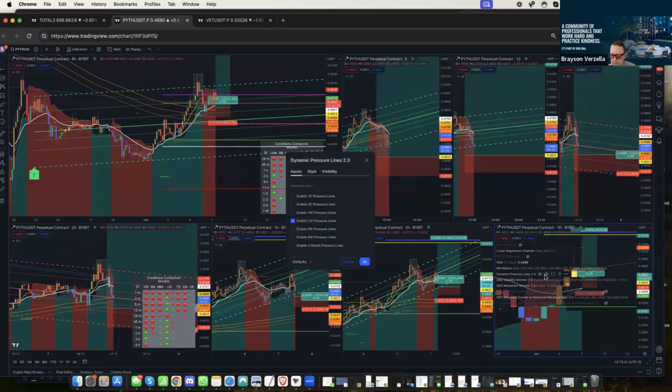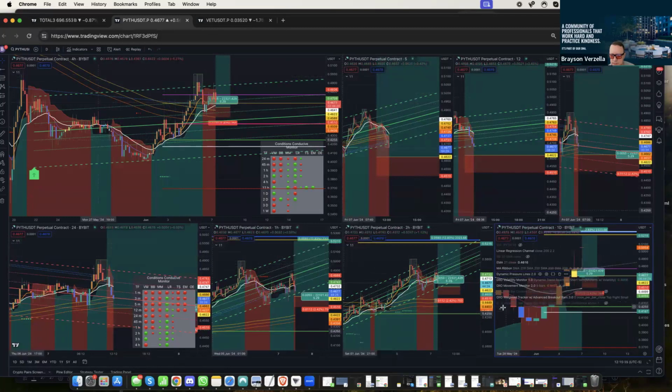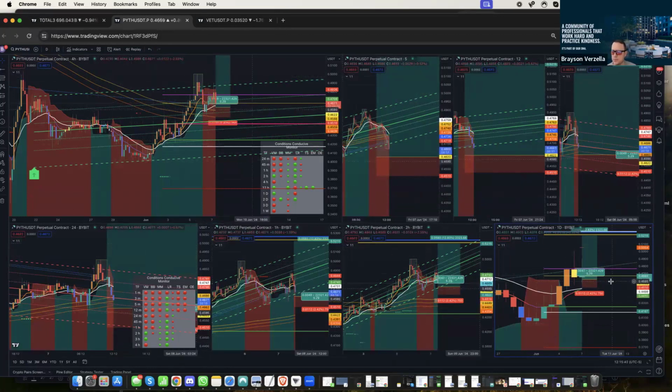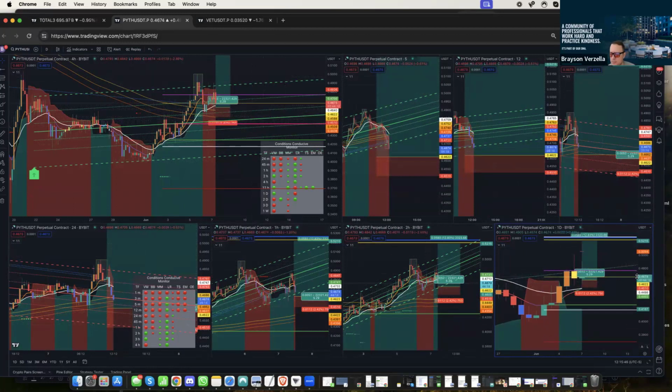So we might look at the smaller time frame lines we were looking at, the 1 week. And we know there's some intraday or 3-day pressure lines also that were within this zone. There were numerous, but these are the major ones that are more like the 1 week and 2 week.